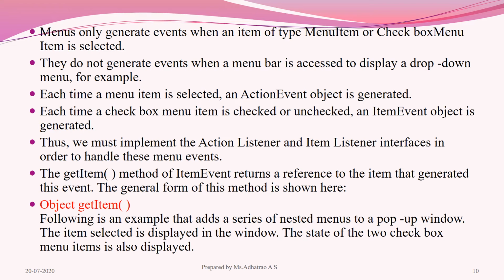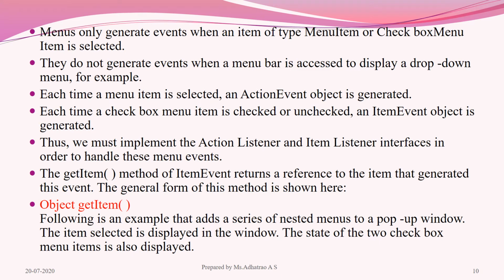For example, if I use the menu item New in the File menu, while I am clicking on the New option, some new document is created for your particular application. So this is called an event occurring.